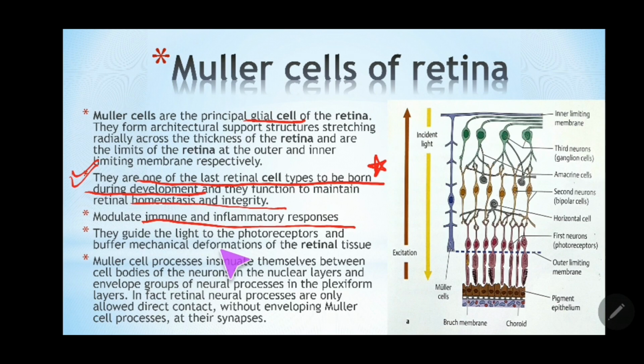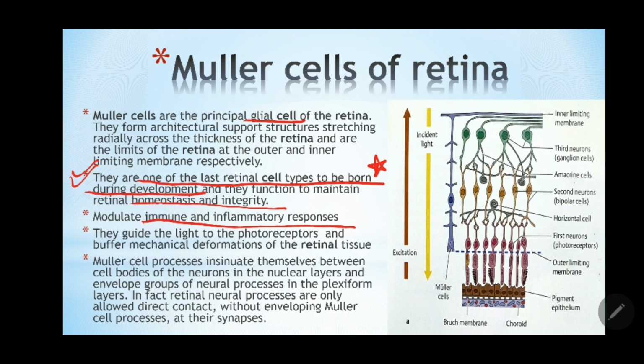I told you this thing. They guide the light to the photoreceptors, because of a sort of lamination between the different adjacent neurons. So they form a passage for the light visual impulses to reach the retina. They guide the light to the photoreceptors and buffer mechanical deformations of the retinal tissues.